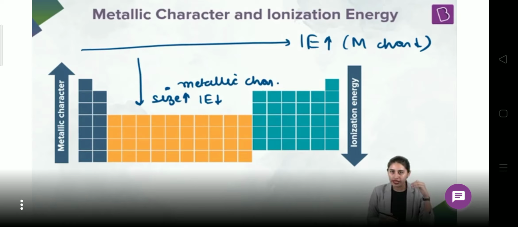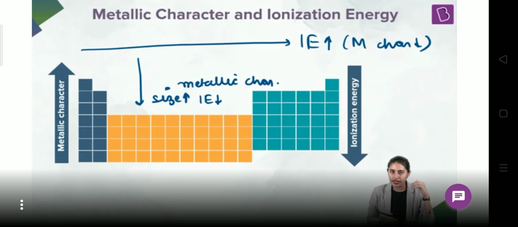But how about non-metallic character? Is it as simple as that? Let's not be in haste. When I'm saying non-metallic, you will see that they generally accept electrons. So non-metallic character relates to the tendency of an element to accept electrons during a chemical reaction, unlike metals, which have the ability to donate or give electrons at the time of the reaction.